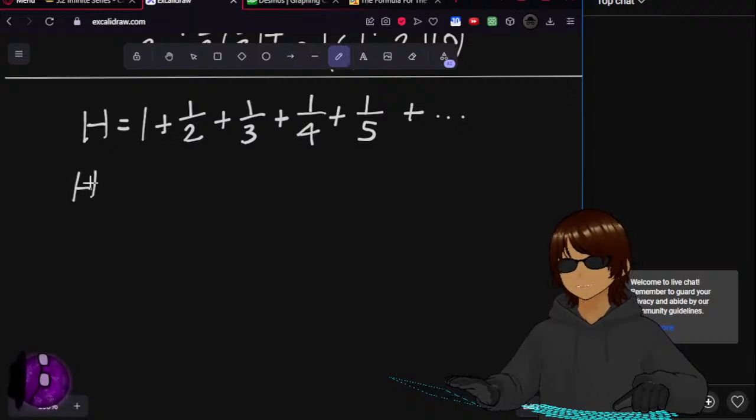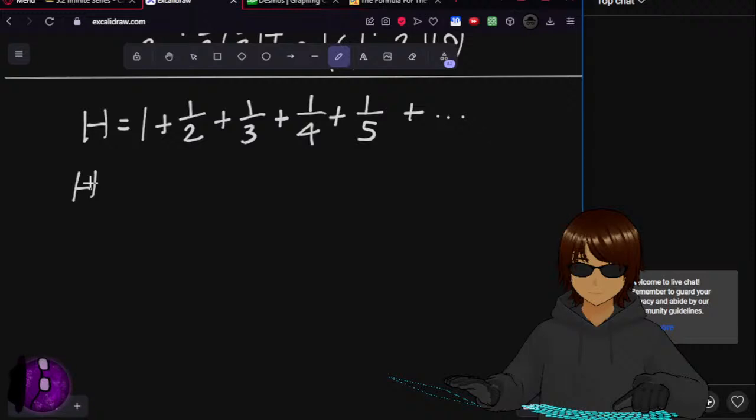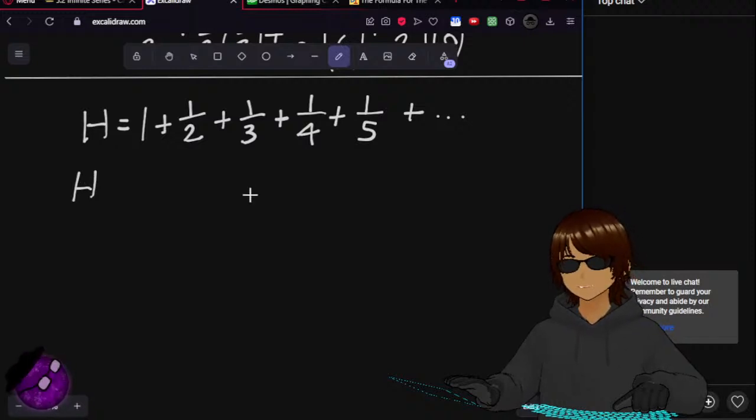Let me see how I should show this. Yeah, this one: instead of writing 1, I will write half plus half, and then 1/4 plus 1/4 plus 1/6 plus 1/6, and so on.